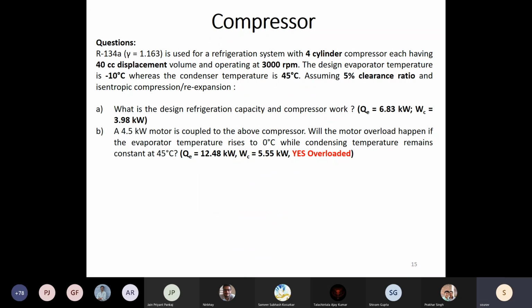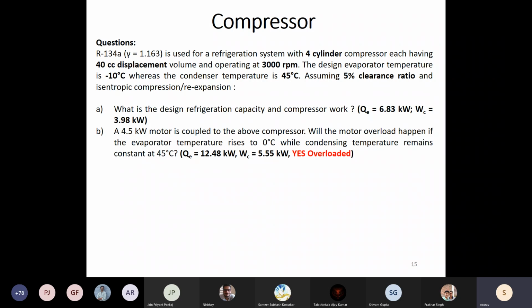Okay, so let's quickly do one example problem so that we can see all these characteristics. So you have refrigerant R134A, gamma is given. Is used for a refrigeration system with 4-cylinder compressor, each having 40 cc displacement volume and operating at 3000 RPM.